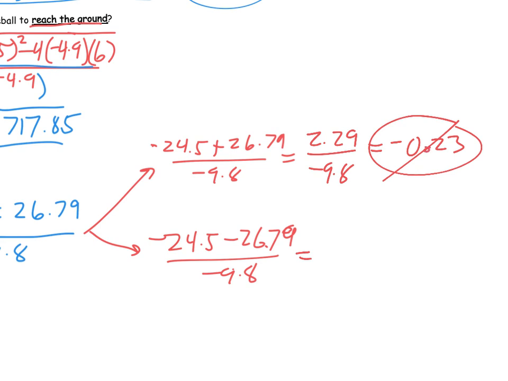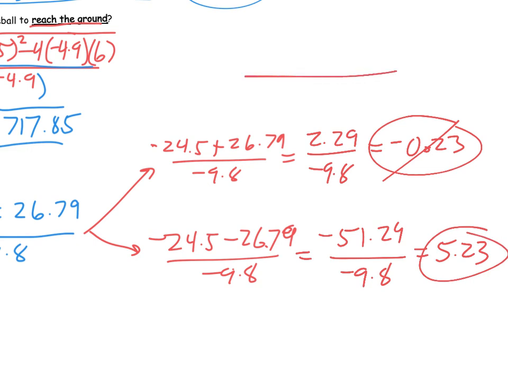Down here, I get negative 24.5 minus 26.79, negative 51.29 divided by negative 9.8. I get 5.23.